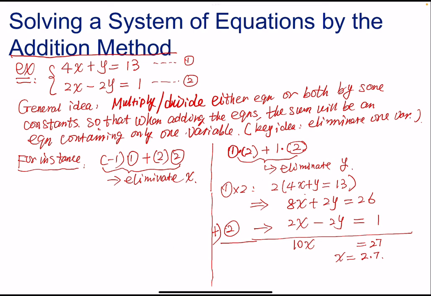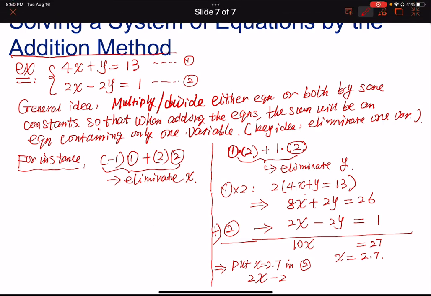And now, with x equal to 2.7, you can put it in equation 1 or 2, it doesn't matter. So let's just put it in 2, because it appears a little bit easier to solve, since I have a coefficient of 2 for x in equation 2. So I have 2x minus 2y, but x is already known, so I actually need to plug in the number 2.7 for x.